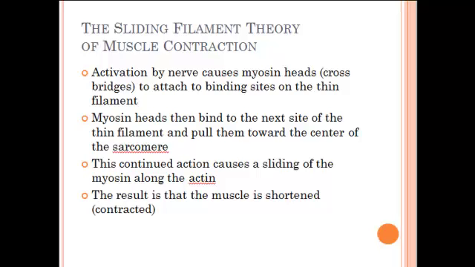I guess I shouldn't say it causes the actin to shorten, but it causes the actin to come closer together, which causes the sarcomere to shorten, which causes the myofibril itself to shorten, which causes the muscle cells to shorten, so that eventually the whole muscle is contracting and shortening. And this is happening all at the same time.